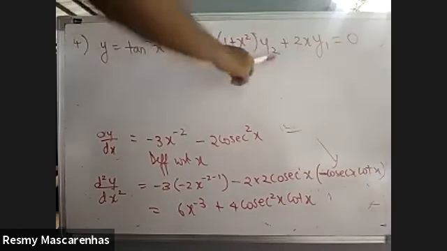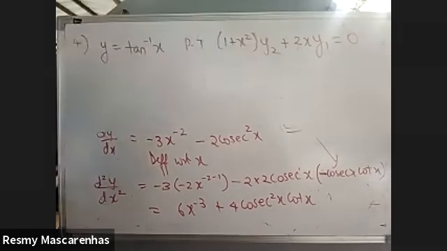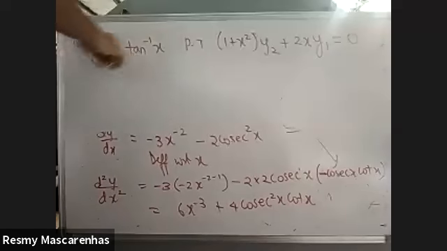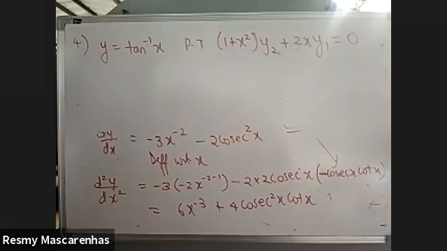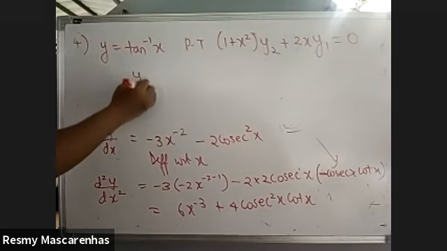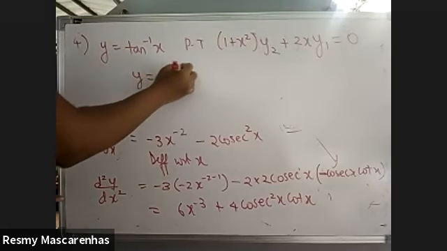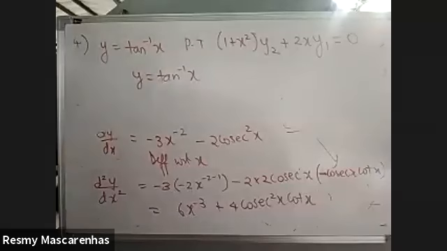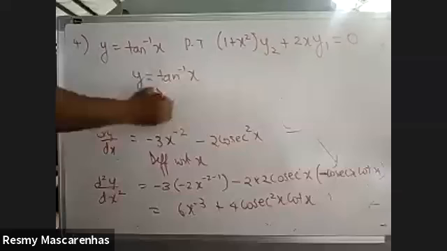By now you should know y2 means second order derivative and y1 is first order derivative. So any function, you have to differentiate it 2 times, because here it is y2. So we'll take the first one. This is the main question which is given, and we'll differentiate it for the first time.